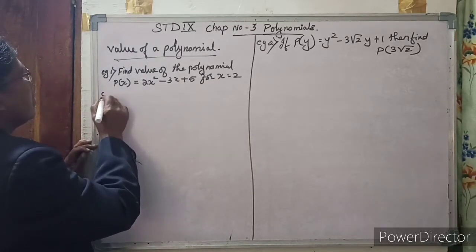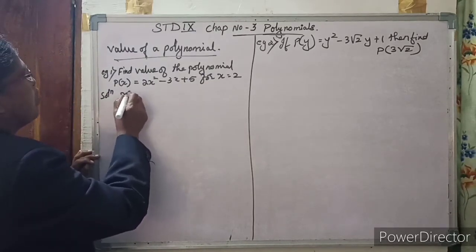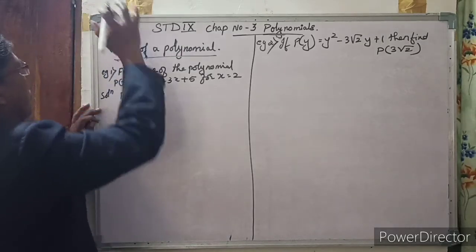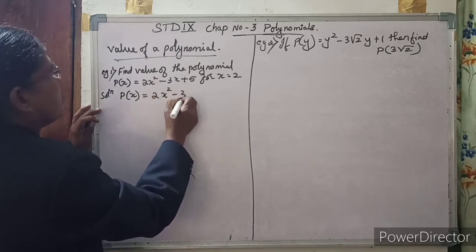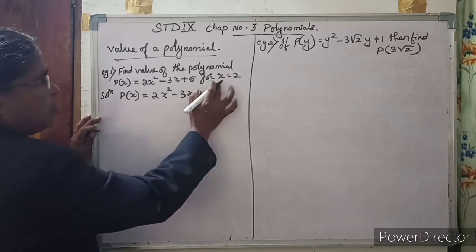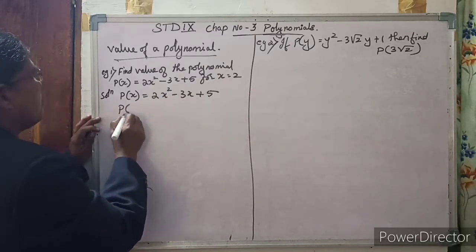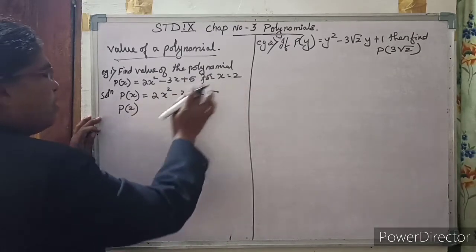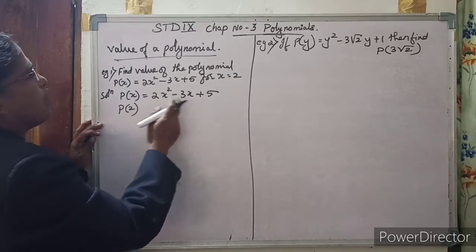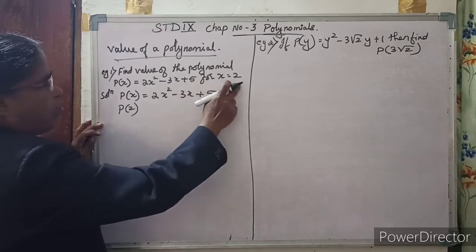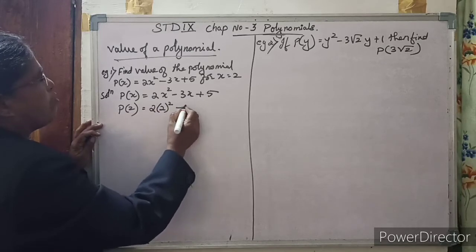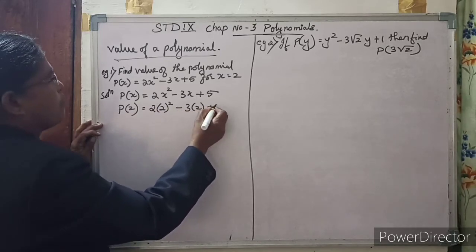So we take the polynomial p(x) given: p(x) is equal to 2x squared minus 3x plus 5. Now x is equal to 2 given, so we have to find p(2), and wherever x is there we will substitute 2. p(2) equals 2 into 2 whole square minus 3 into 2 plus 5.